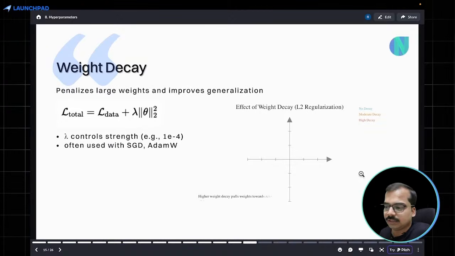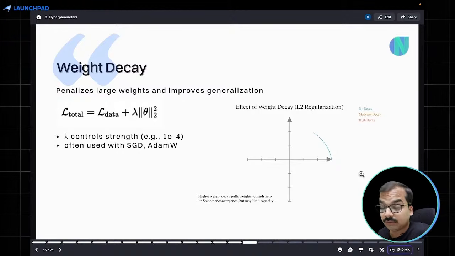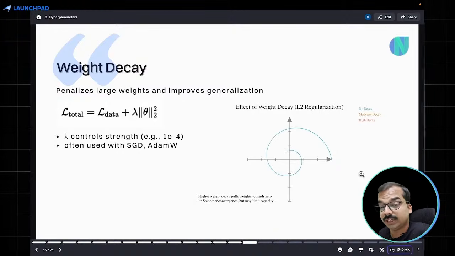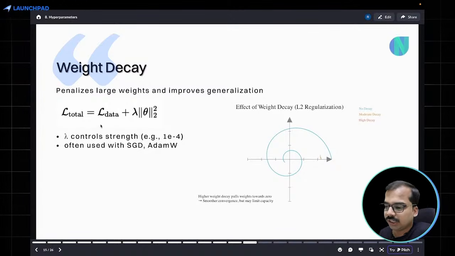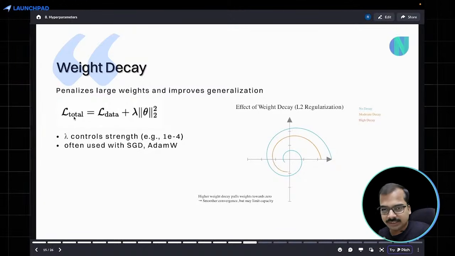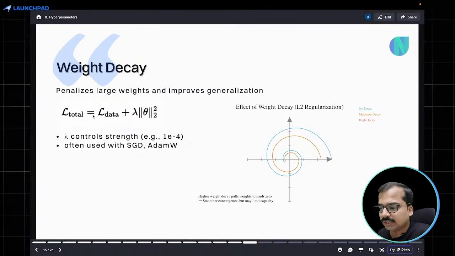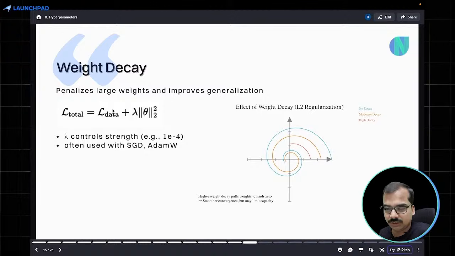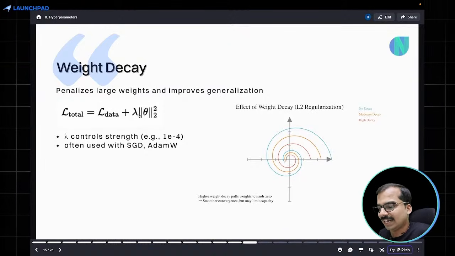Now weight decay. The concept of weight decay comes from regularization. You have studied L1, L2 regularization in linear regression or logistic regression. So here I have loss total. That is the loss that we calculate during gradient descent, right? That is basically the normal loss that we used to calculate. We had seen different loss functions, plus lambda times the weight square.